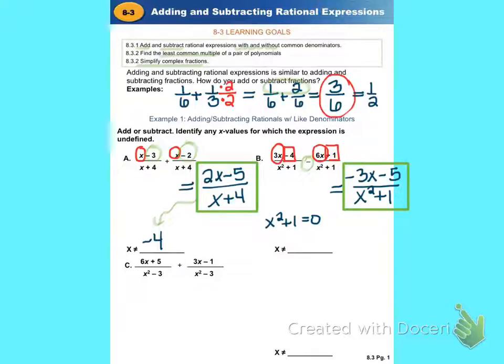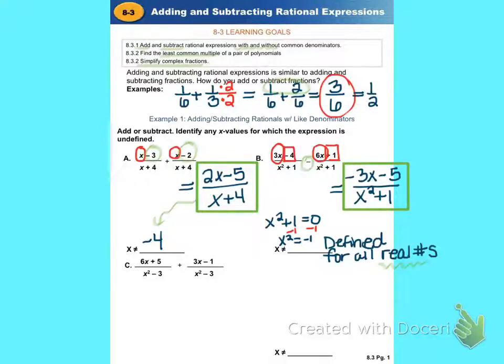If you were to subtract 1 from both sides and you had x squared equals negative 1, if I take the square root, that's plus or minus i, but we want to know over the real numbers. So this is actually defined for all real numbers. So that's the key, real numbers. There are some imaginary numbers for which this would be undefined, but we're just focusing on what real numbers would make this undefined, and there are none.